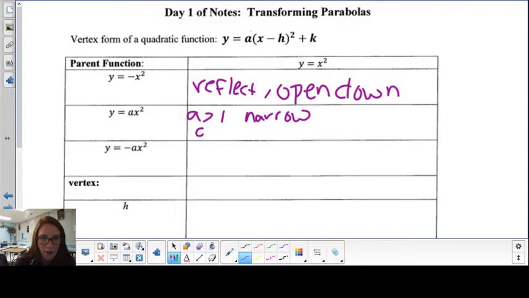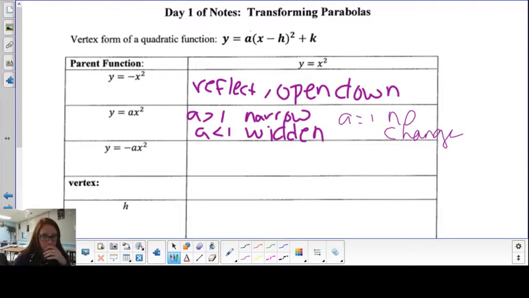If my a is less than 1, it's going to widen. If it equals 1, there's no change. The same thing is true for the next one above, but on top of it, it's going to reflect. So it can reflect and narrow, or reflect and widen, or just reflect.